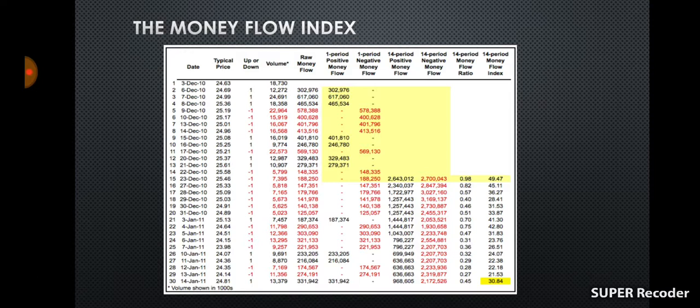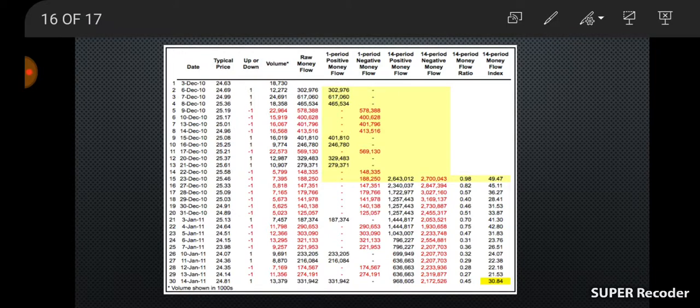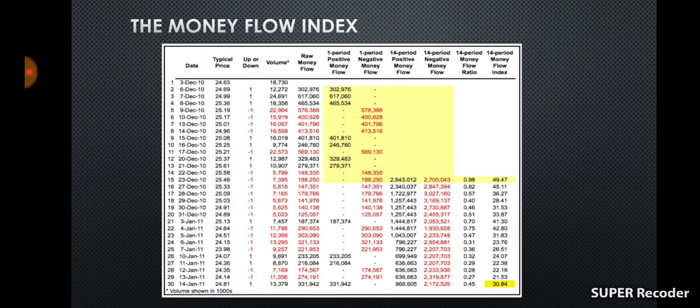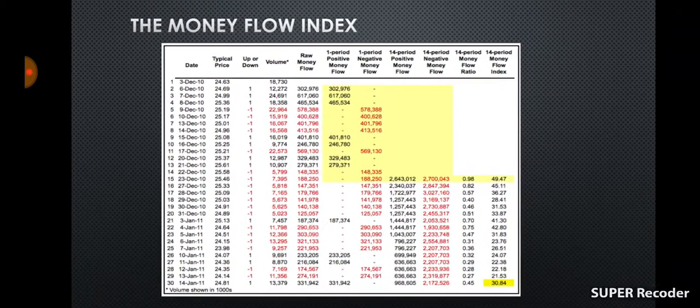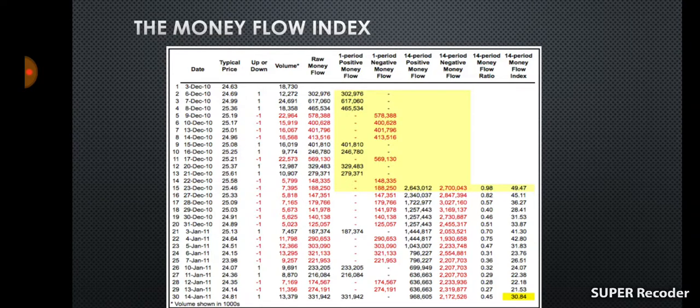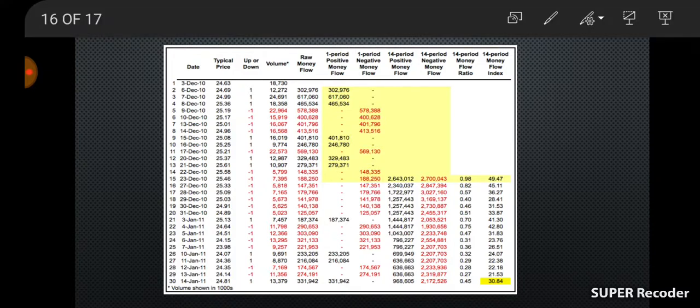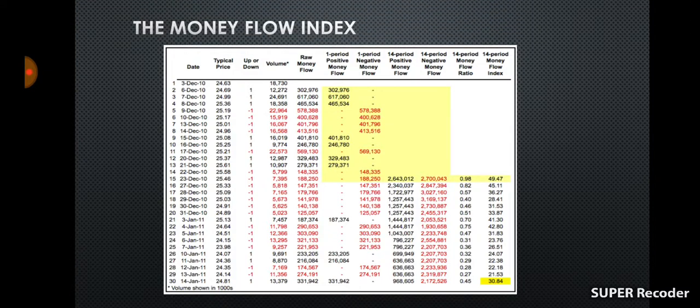If the price increased, it is considered positive, and if the price decreased, it is considered negative. We multiply the volume with the corresponding prices to get money flows. By adding the positive money flows, we get the 14 days positive money flow, and by adding the negative money flows, we get the 14 days negative money flow.